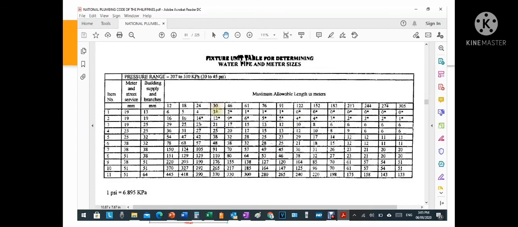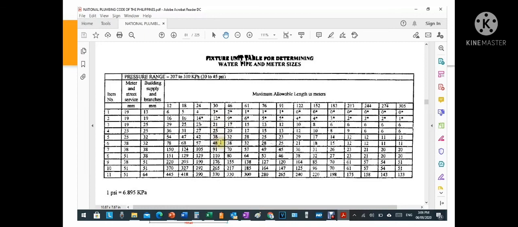Okay, then under this column, we have the fixture units. Now our fixture units is equal to 85. Okay, so 85 falls between 48 to 91. So we choose 91. But if we fall to a fixture unit with an asterisk on its upper right, or its superscript, then we choose the next value, which is 21.